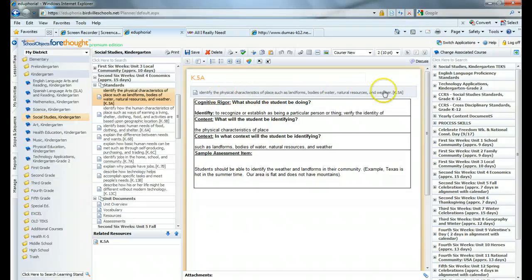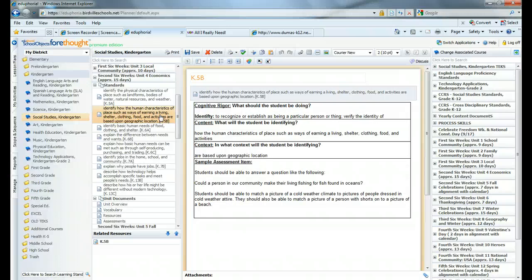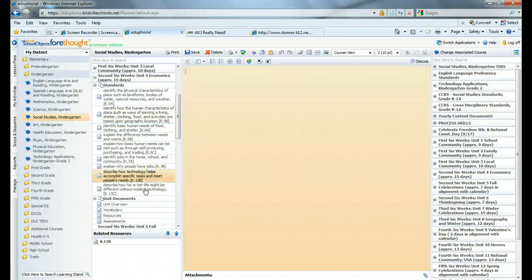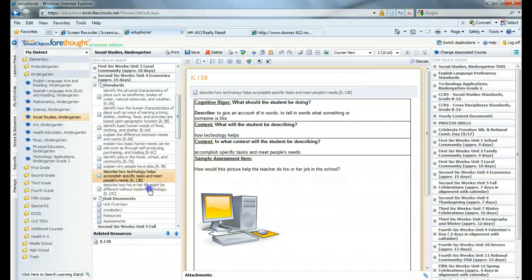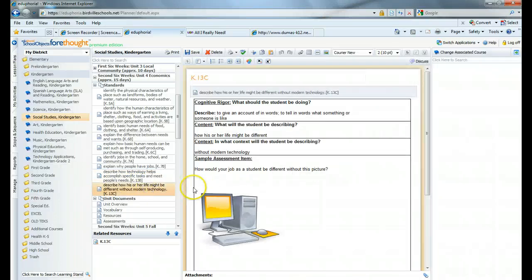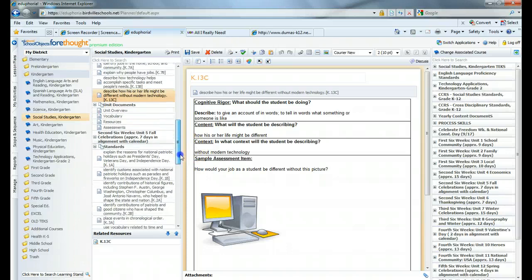When you start with identifying the physical characteristics of place, you have to know that first before you can lead into identify how the human characteristics of place contribute to earning a living, shelter, clothing, and food. So that's really where we're headed with that. And then you're going to talk about describing how technology helps people do their jobs and how technology would help the students do their job.